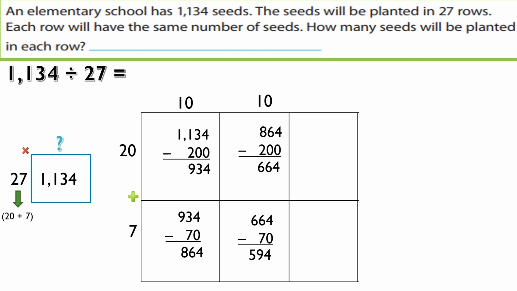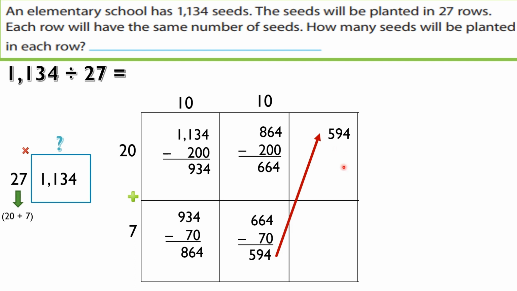So based on what was just done, we know that we are going to be using 594 as a new number. And then we are going to be seeing how many times 20 can go in that number. That means how many groups of 20 can we get from 594. So we know that if we got 10 groups of 20, it will be 200. So we can get another 200 from 594.